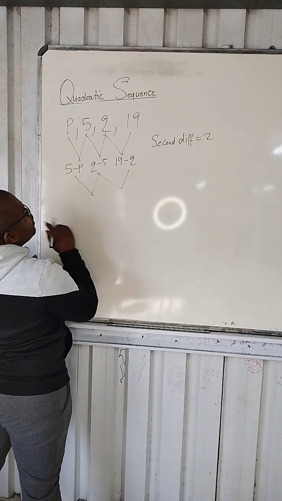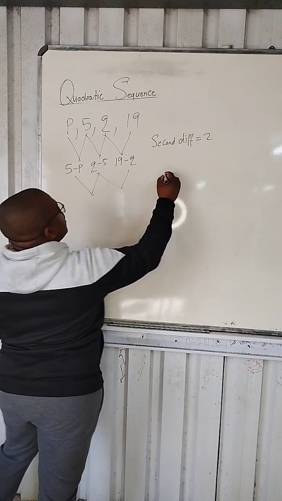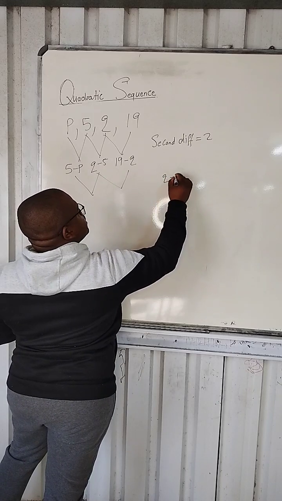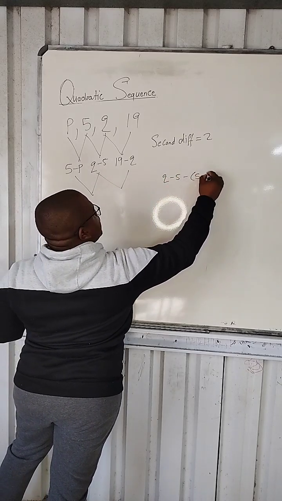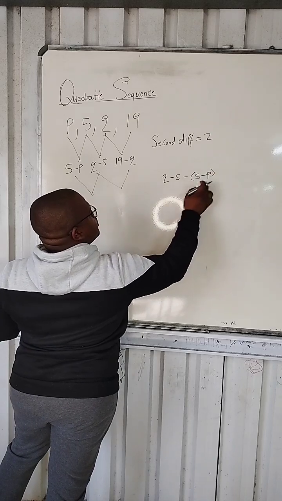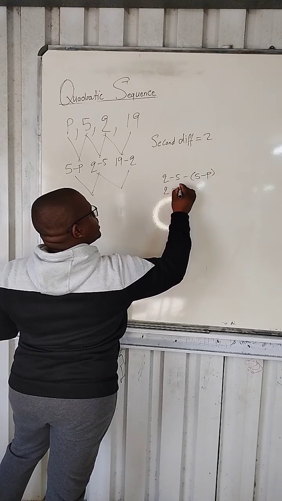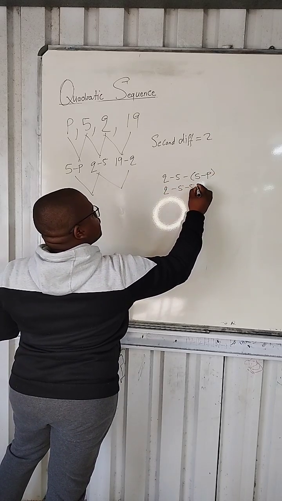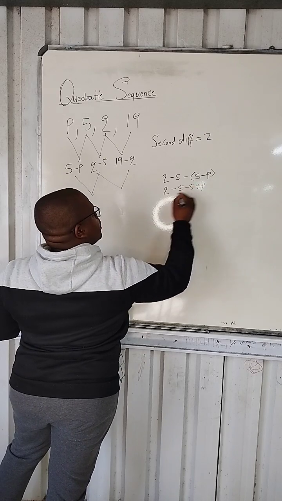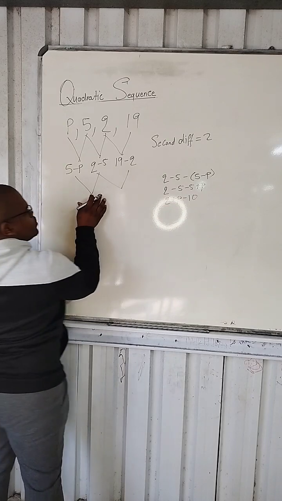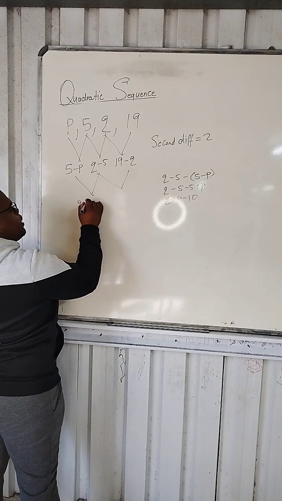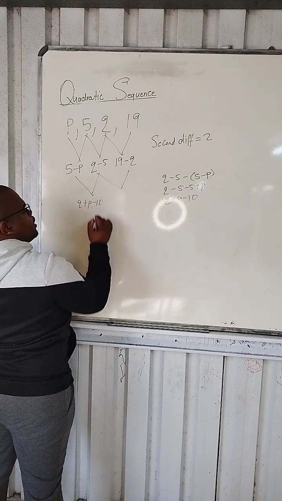We are going to say (Q minus 5) minus (5 minus P). Hence, when we remove the bracket, Q minus 5 minus 5 plus P. Hence, it's Q plus P minus 10. This is what we have in Q plus P minus 10.